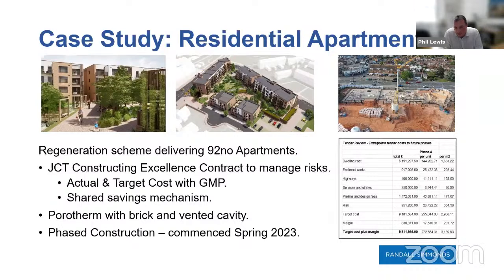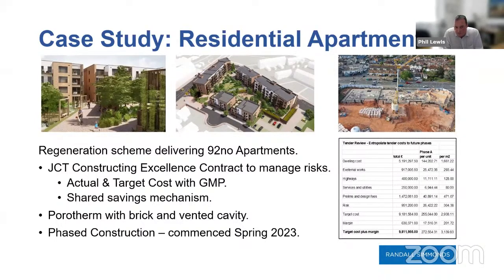We got all the risks out front. We had lots of discussions with our contractors, and we tendered on the basis of where they came back and told us their risks and their pain and gain shares, and kept it in competition. And one of the big issues when trying to deliver is keeping schemes in competition as long as possible.